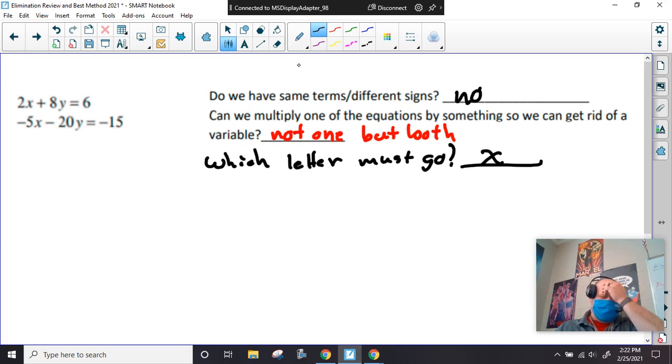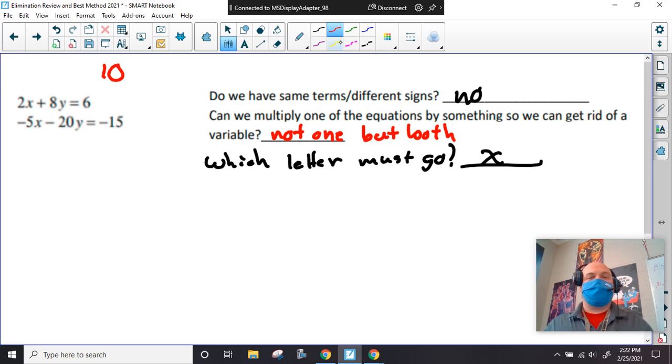All right. So if we're getting rid of X, let's think of things that we can do. This is a 2 and this is a 5. Is there a number that both 2 and 5 will both go into? Oh, okay. The girl that said a number for a letter actually had the right answer. They will both go into 10.